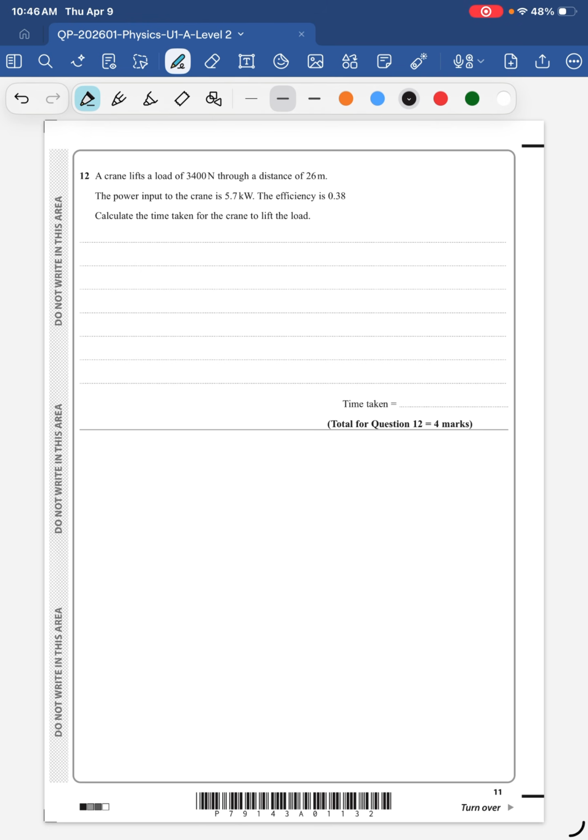The energy for the lift is going to be 3,400 times 26. Basically, this is F times delta S, which is the work done.